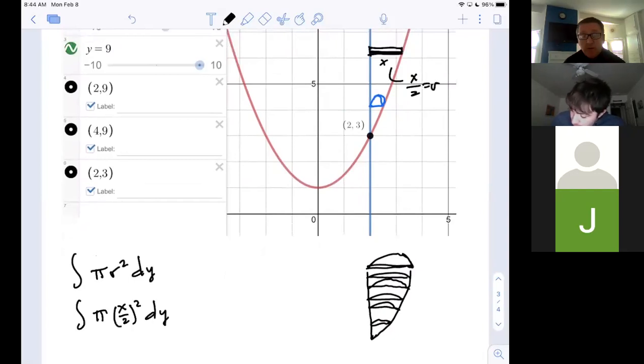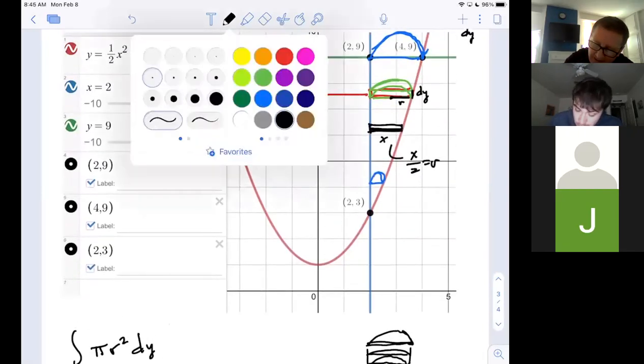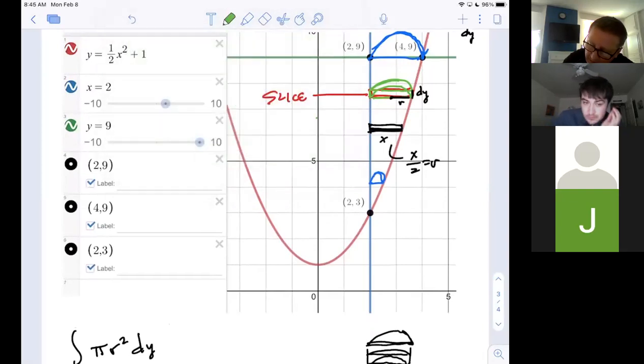Notice it's still squared. But notice that's particularly tricky because to get what that x is, looking at the screen, I've got to go all the way to here, which is kind of like x1.